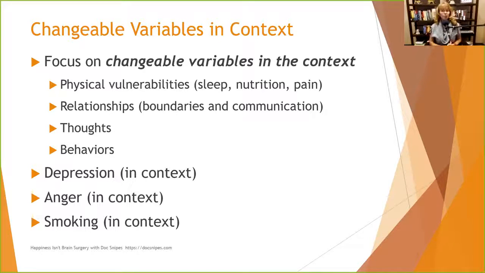The same thing is true with anger. Now, let's take a behavior like smoking. Somebody is trying to quit smoking and it's really, really hard. Every time they get stressed, they have this urge to smoke. So instead of saying, every time you get stressed, we need to look at what's causing the stress in this situation, because the intervention for stress is going to be different depending on what's causing it. What changeable variables are there that we can address so you don't feel stressed and the need to smoke?